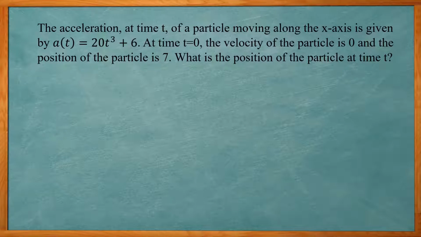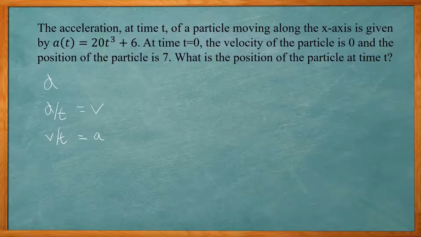So to do this problem, you need to know the relationship between distance, velocity, and acceleration. We have distance, and then distance divided by time gives you velocity, and velocity over time gives you acceleration.